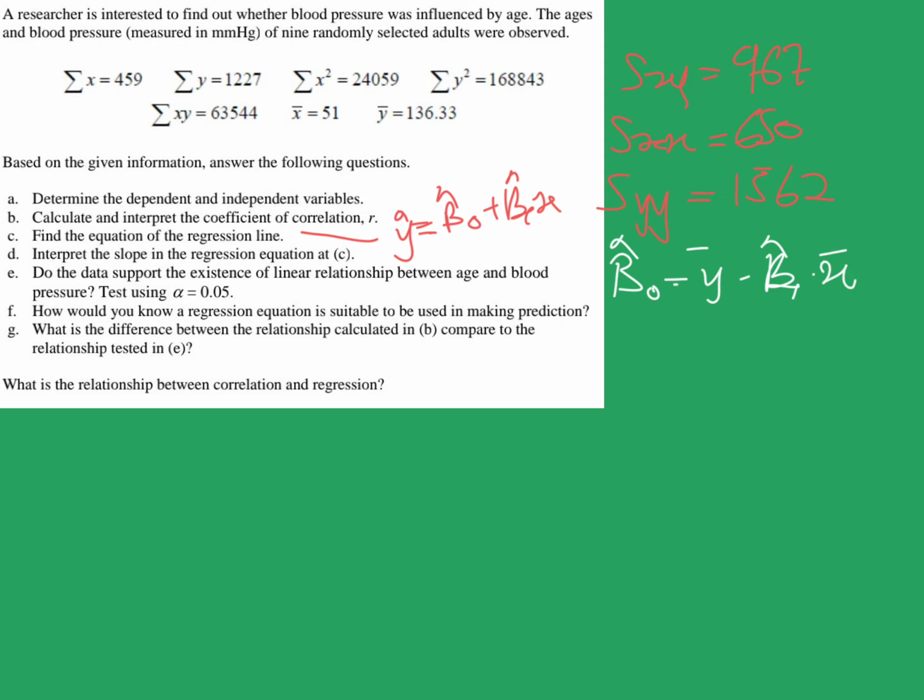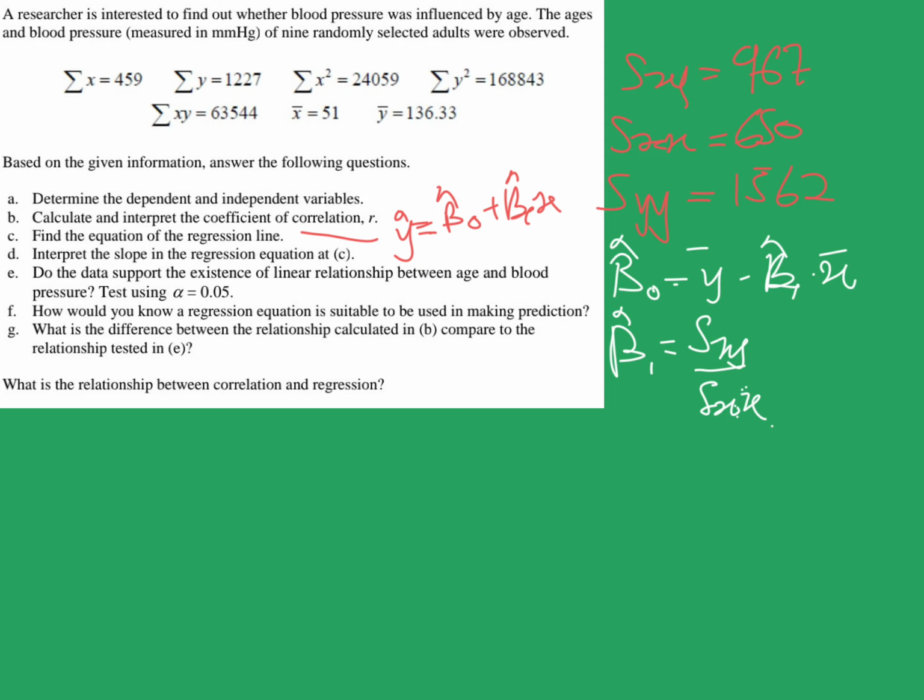Again, as you can see, to calculate beta naught, we'll need beta 1. So let's go and calculate beta 1 first. So beta 1 is equal to Sxy over Sxx.